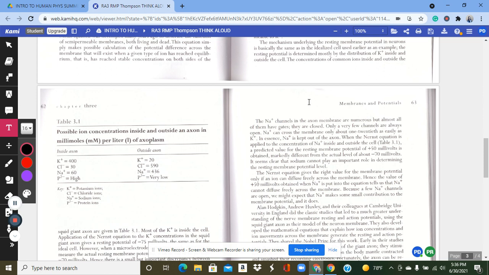That will mean that the equilibrium potential value is about positive 65 millivolts. So I think that means that when the inside of the cell is 65 millivolts higher than the extracellular environment, then potassium will be in electrochemical equilibrium across the membrane.